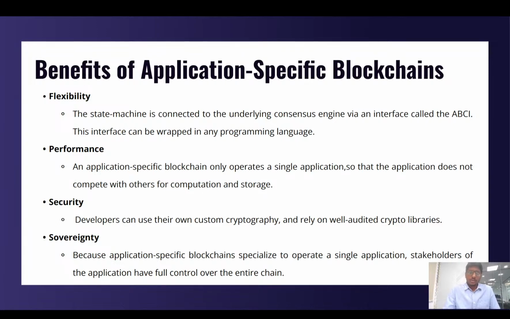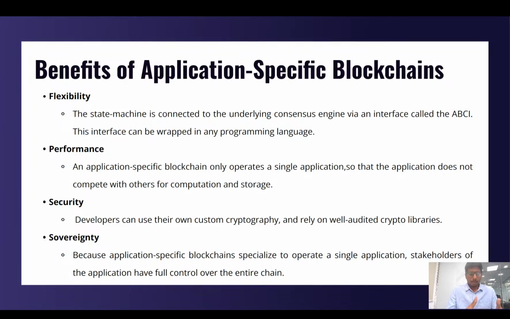In order to use a specific consensus algorithm or consensus engine, we have the concept of ABCI. Here ABCI stands for Application Blockchain Interface. Using that ABCI, we can interact with any consensus algorithm. And that ABCI can be used with any programming language, which gives developers the flexibility to use different programming languages.